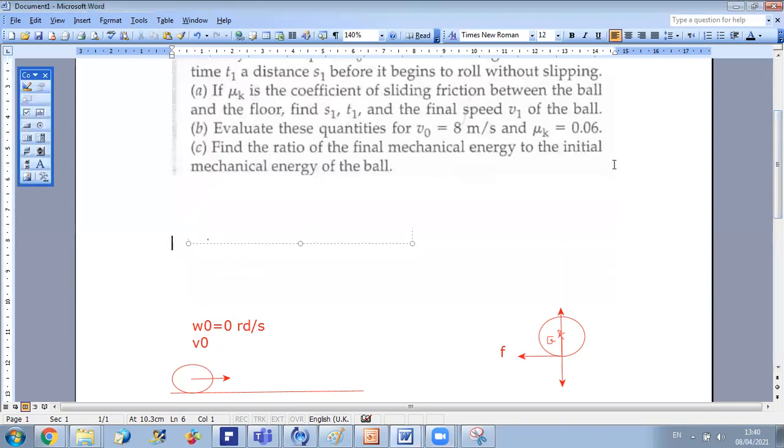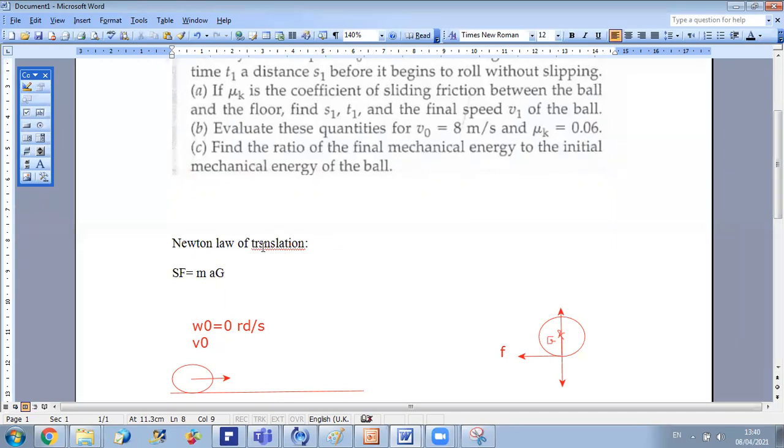First, if we write Newton's law for translation, we have that sum of forces equals m times acceleration of G.